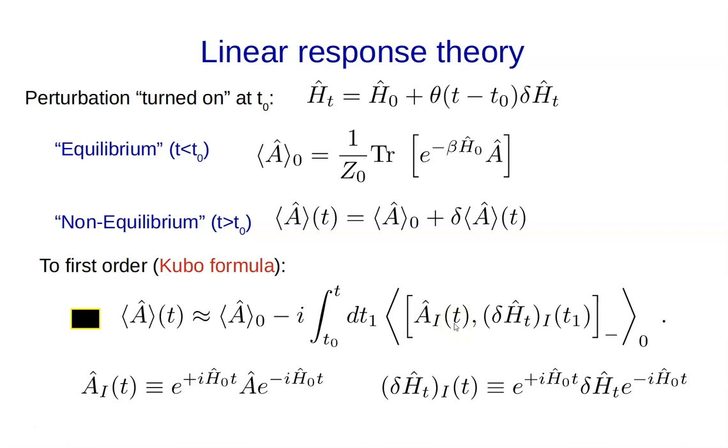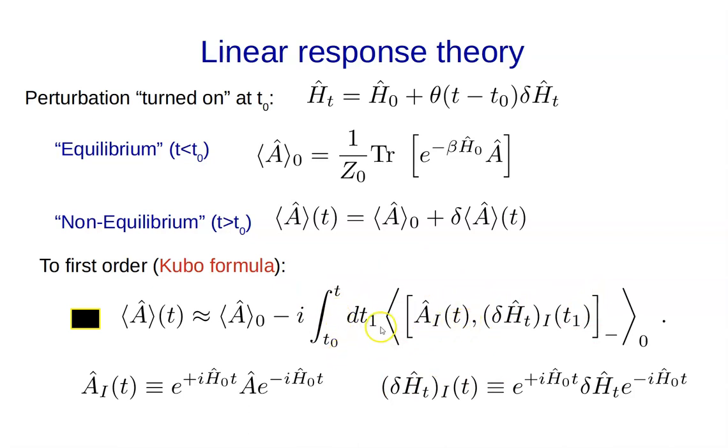So I could take this integral from t0 to infinity and add a theta function, theta of t minus t1, so that whenever t1 is larger than t, this is 0, and when t1 is less than t, this results in this integral.